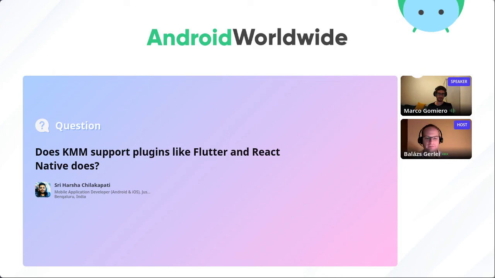Yeah, but there are, for example, I know there is a library for Bluetooth. So yeah, there are plugins, and if you need to call something native in your code, you can do it, because there is the expect/actual mechanism. You can define in the common module a function that is expected, and then you can provide the actual implementation on the native part.